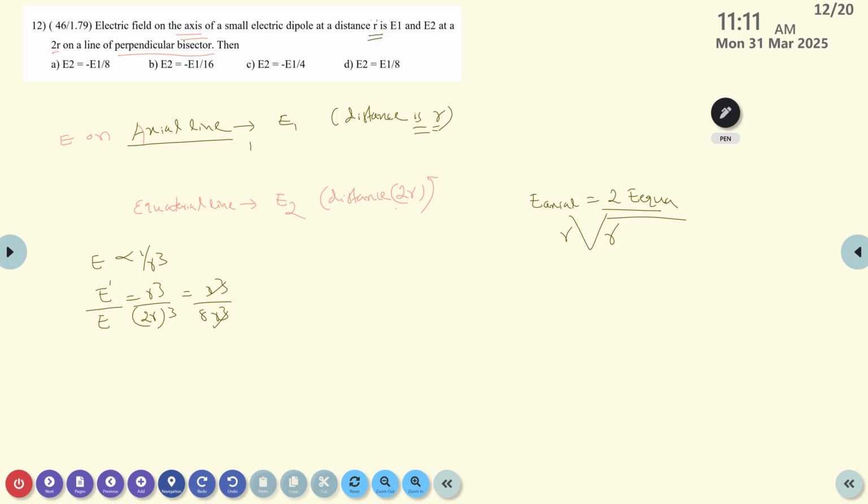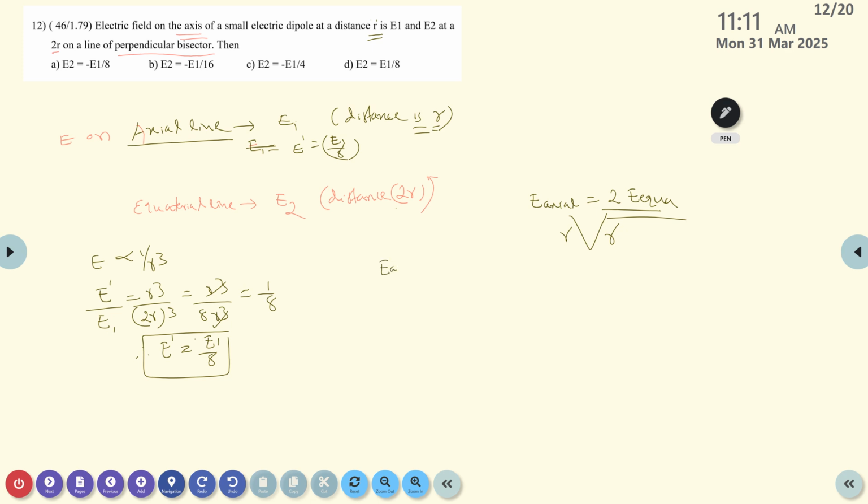That means E dash equals E1 divided by 8. Now you can apply it.